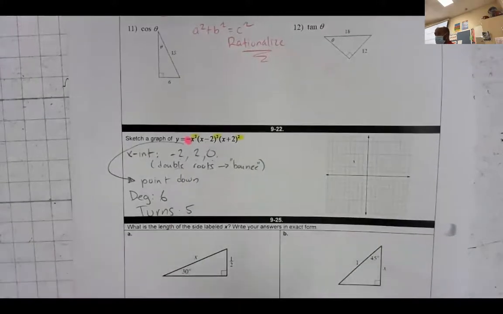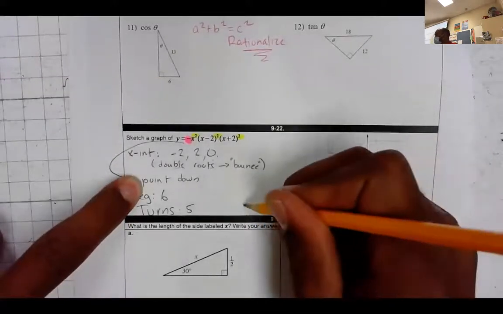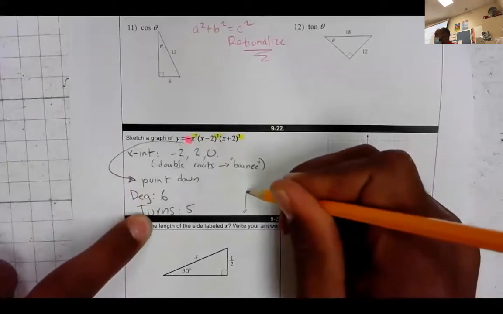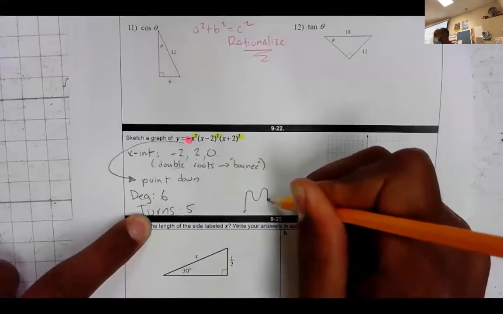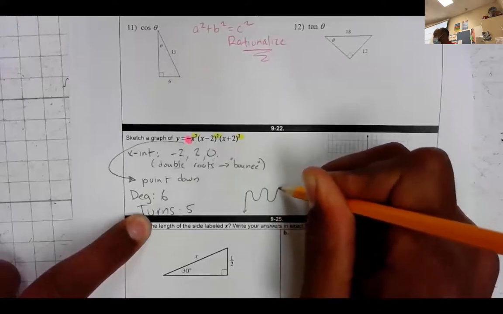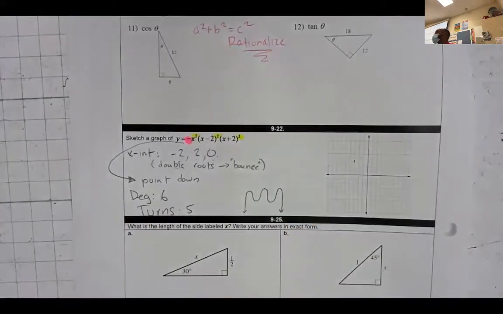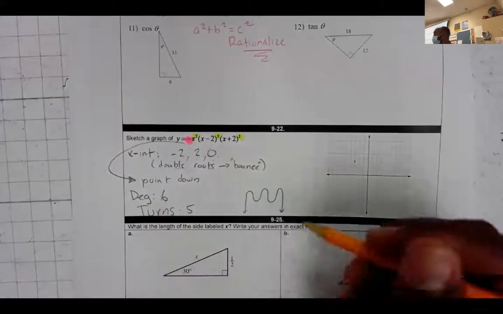Okay, so we can use that information now to figure out what it looks like. Well, we know it's pointing down, so I'm going to start with it pointing down. It's going to turn 5 times. 1, 2, 3, 4, and 1 last turn, 5. And notice it points down on both sides because I have degree of 6, 5 turns.